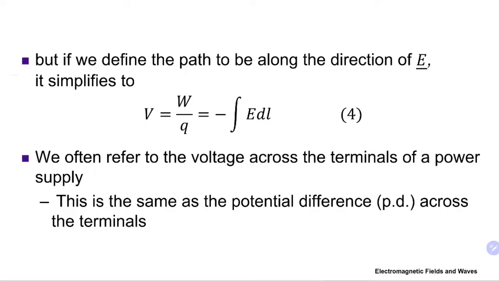Okay, so this is the general expression for potential difference. Again, if we define the path to be along the electric field, then it's simply equal to minus E dl.